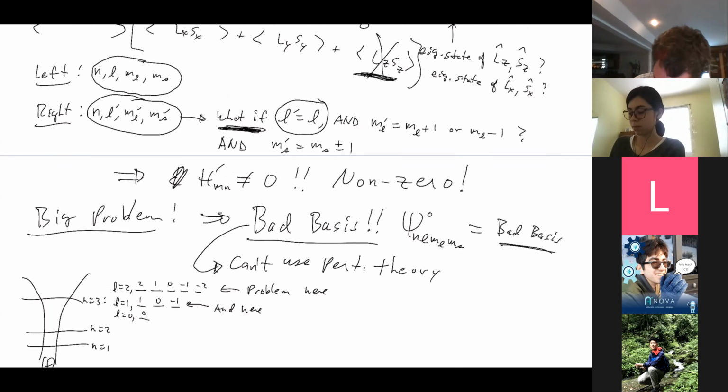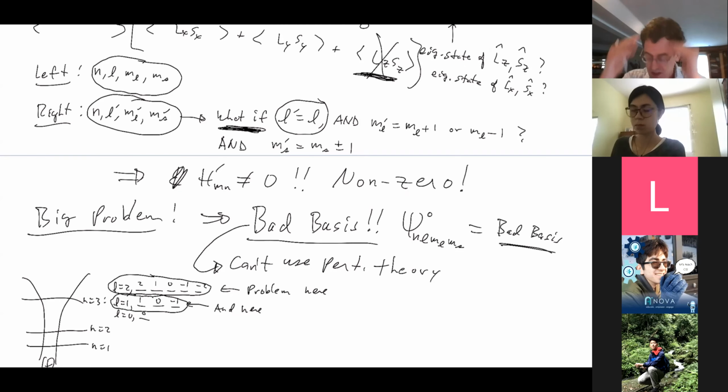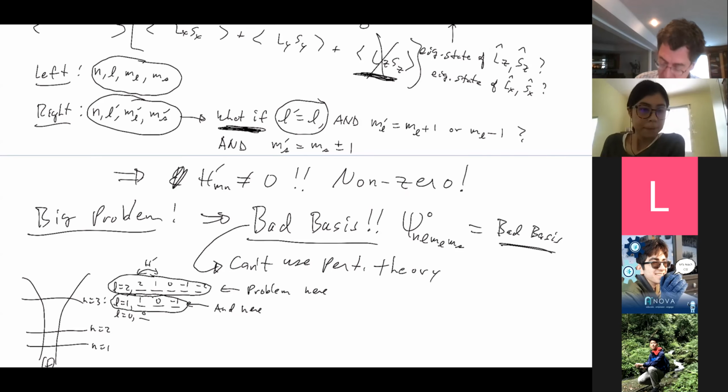So there's a problem in this. This is my problematical subspace. And this subspace is also a problem separately, because these are separate little subspaces. This is where the problems occur, because these states can be coupled by the H prime, but it's within where the L is constant. That's going to come back, so that's why I'm pointing it out right now. I want you to see that.